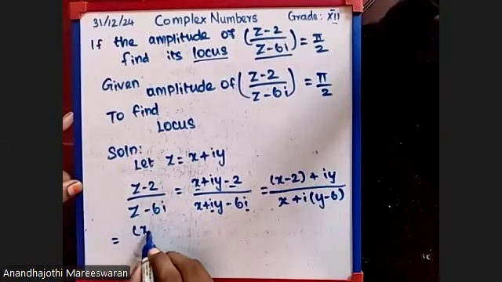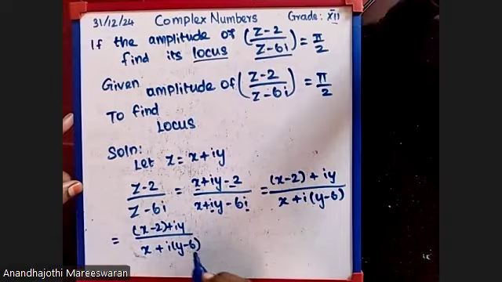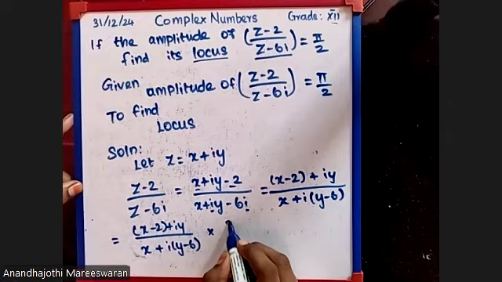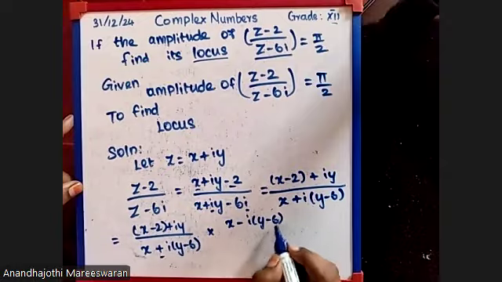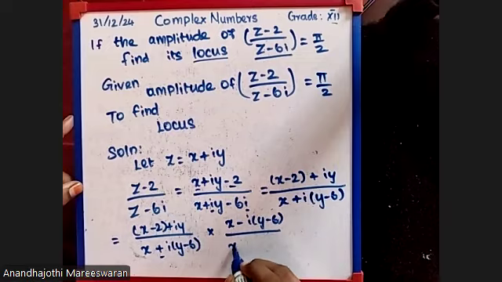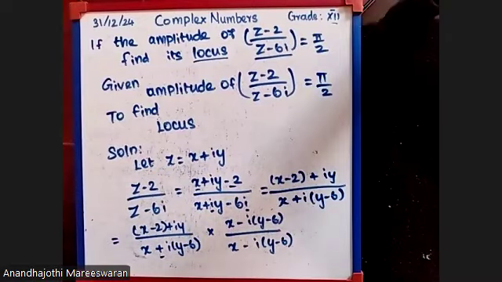So we multiply and divide by the complement of the denominator: x minus i multiplied by y minus 6, over x minus i multiplied by y minus 6. If we multiply and divide the same thing by the same number, the value remains the same. Okay, fine. I will give you one more minute so that you can copy this down and we can move to the next step.